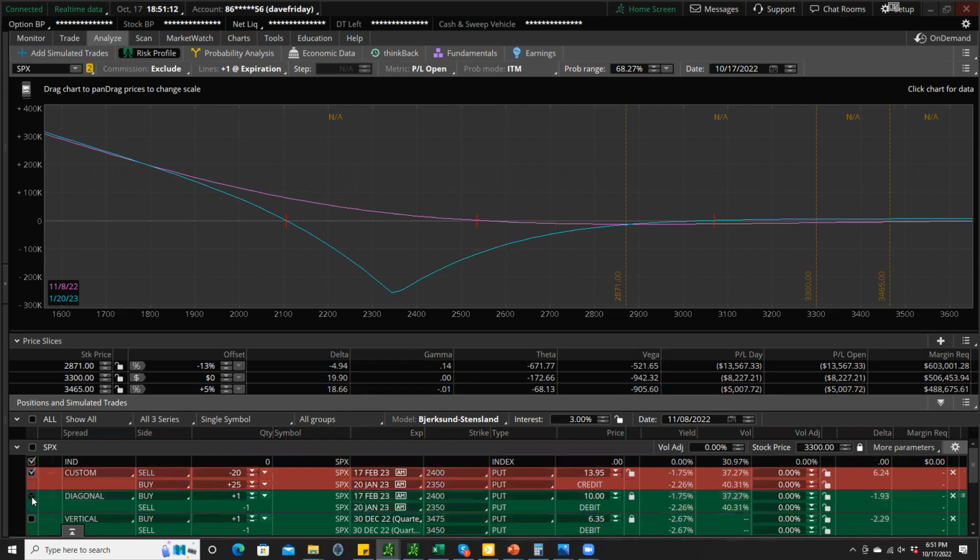So if I uncheck that, this drops. If my trade starts getting in trouble, I might buy back one of these and one of these, so I would have 19 and 24. It'll raise my T+0 line.